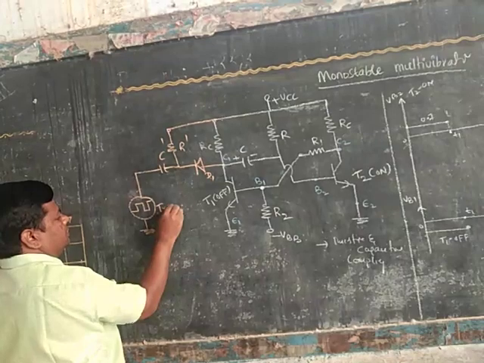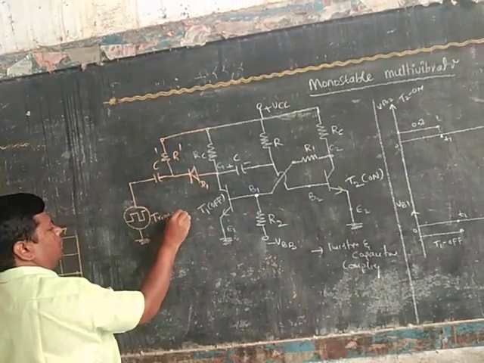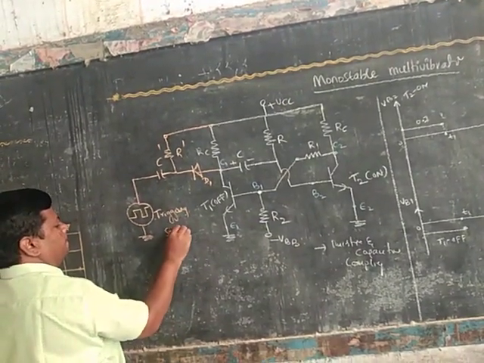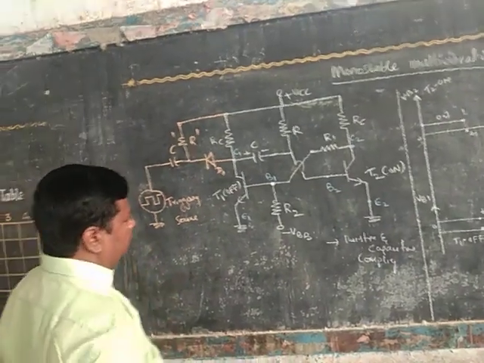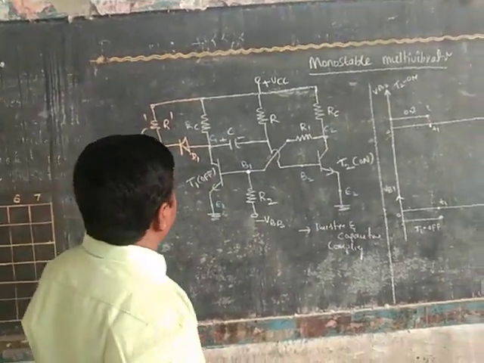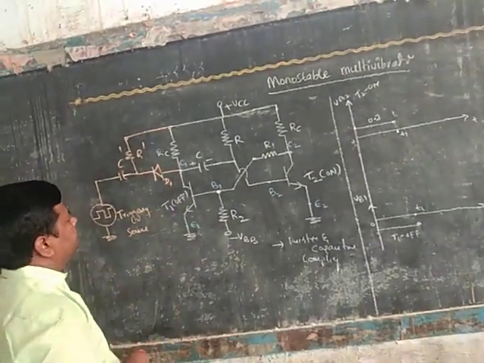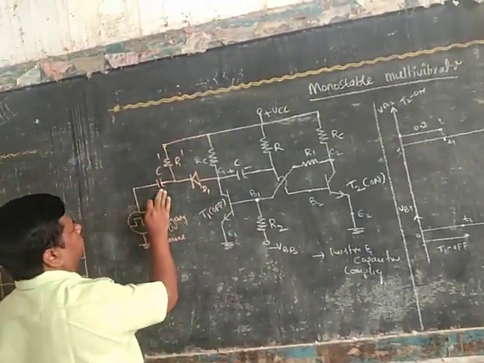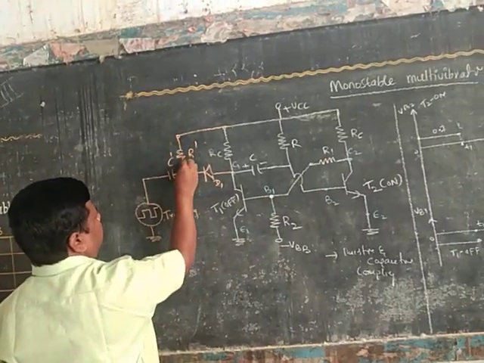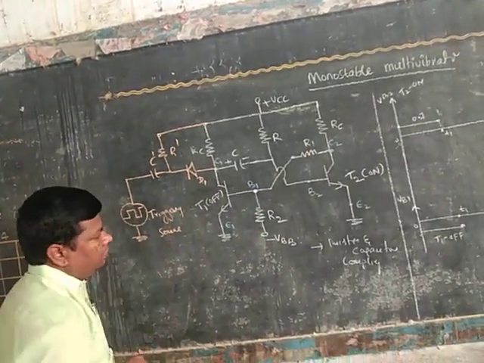Triggering source. The triggering source consists of a capacitor network C dash and R dash and one diode D1.